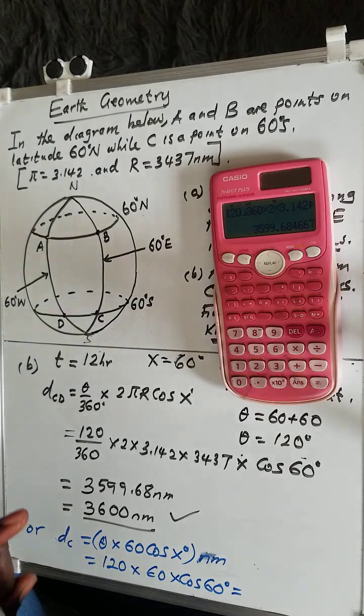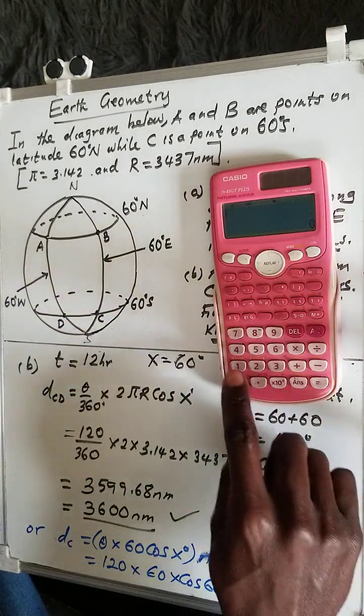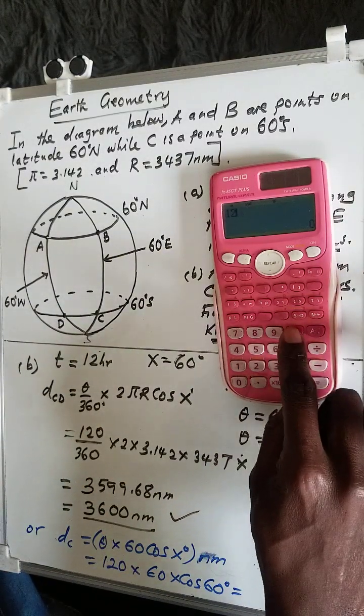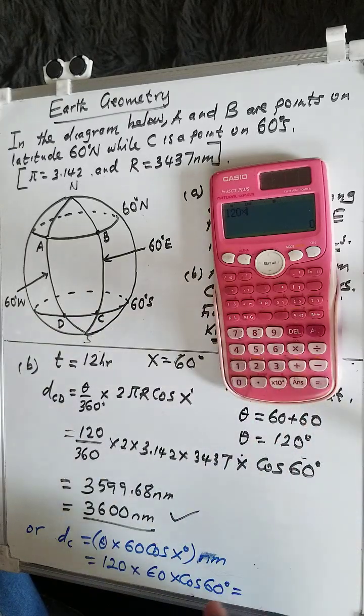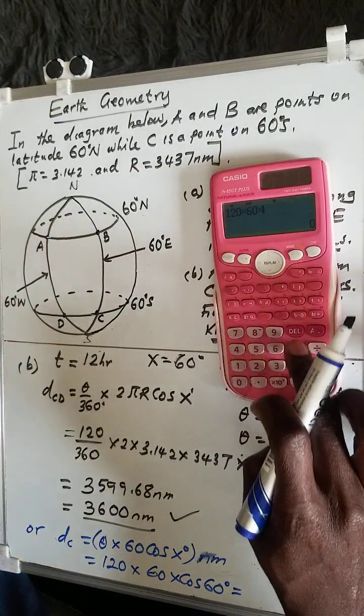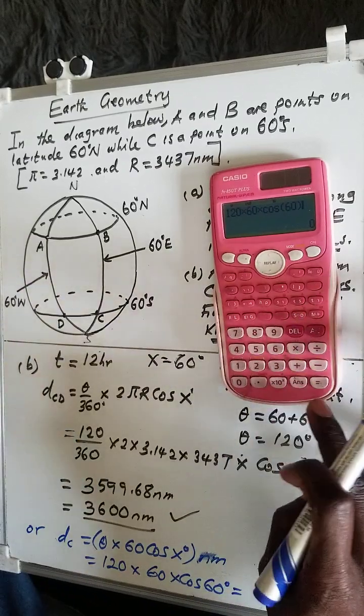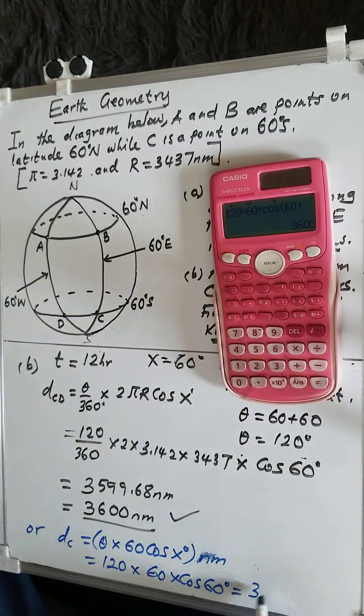If you multiply that on your calculator, 120 multiplied by 60 multiplied by cos 60 degrees, there I'm getting 3,600 nautical miles. So you can see that that is the same.